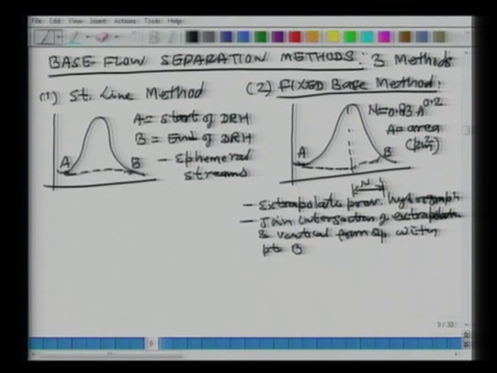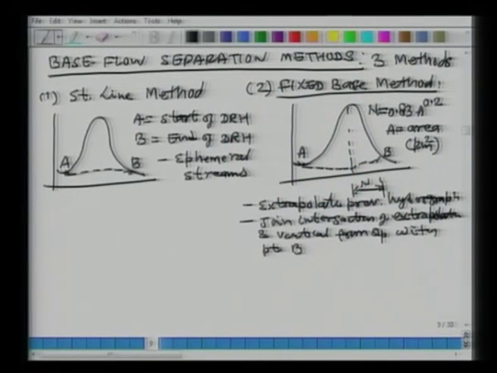So what we are doing is we are trying to find the point of intersection of the vertical drawn from the peak and the extrapolated hydrograph from the previous hydrograph, and then we join with point B.